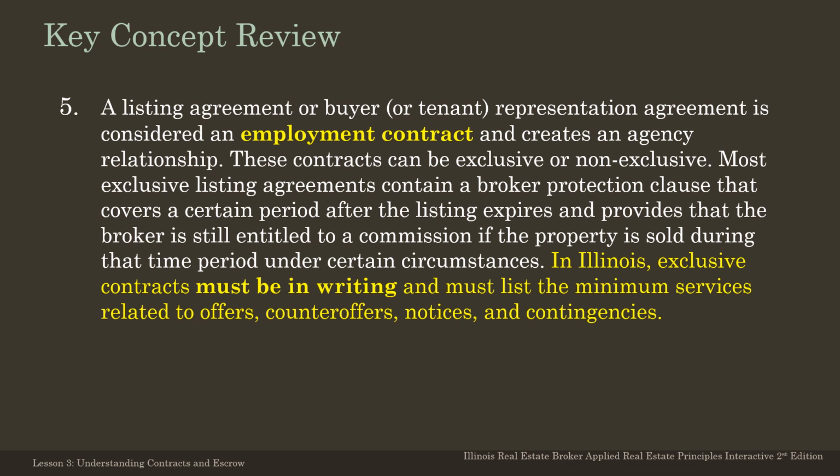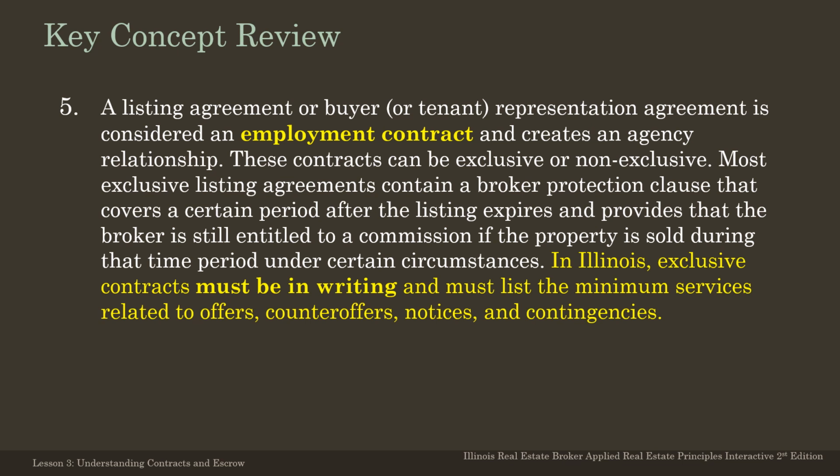Employment contracts, we talked about listing agreements. The big deal with listing agreements is that any exclusive listing agreement, that would be an exclusive right to sell or an exclusive agency, which we discussed earlier, they have to be in writing. You cannot have an oral exclusive agency or exclusive right to sell. I suppose you could have an oral open listing, but frankly, they're not even considered listings by the courts anyway.